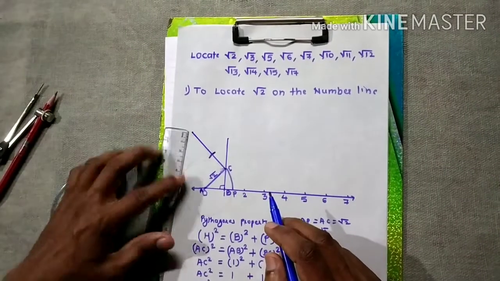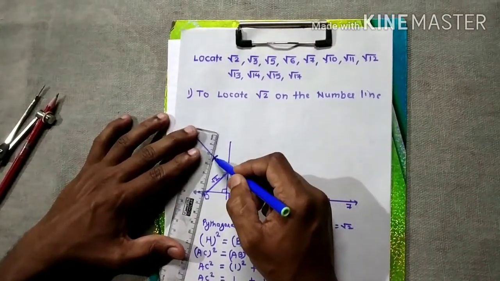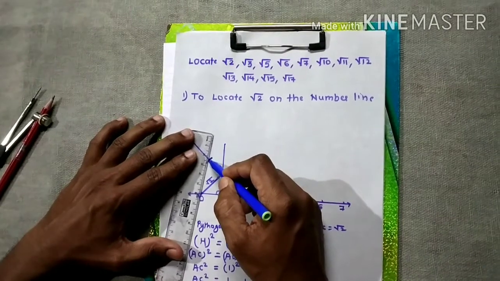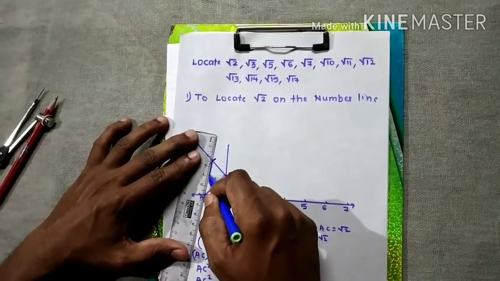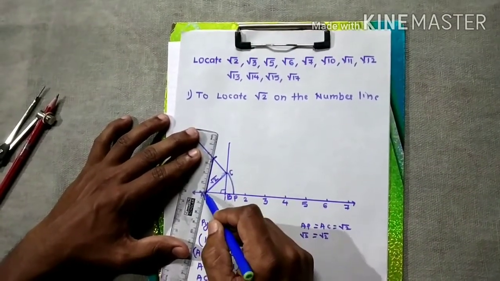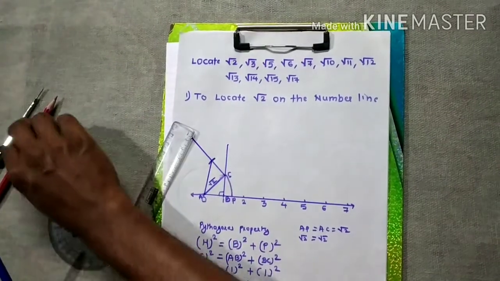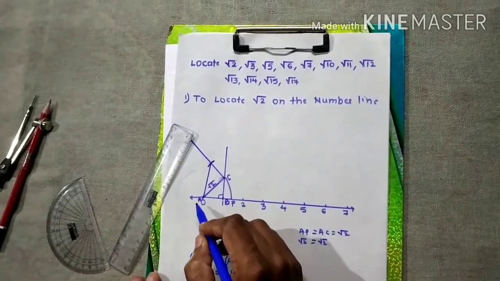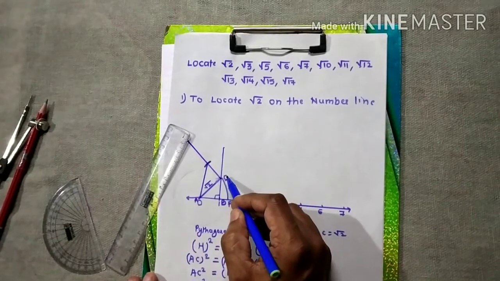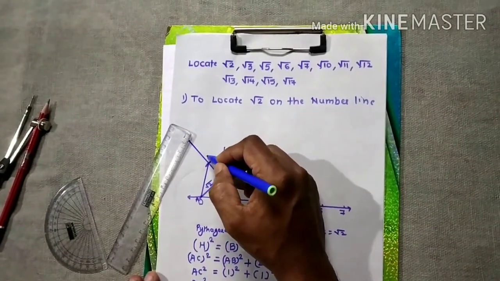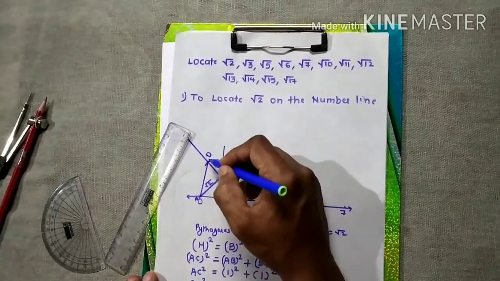Then next we have to join these 2 points. This is the first point and this is the second point. So let us give names for these points. This is the A point, this is the C point, and this is the D point we can give.